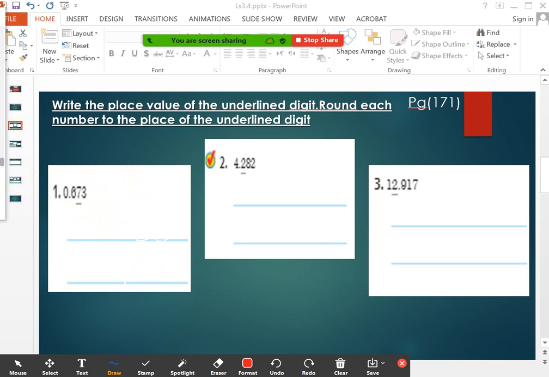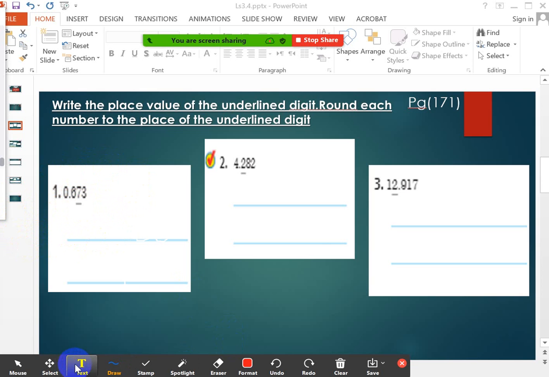So let's start. Okay, now I will choose, yes, Aryam. Aryam, open your mic and help me to solve the first exercise. Yes, teacher. Yes, Aryam, how are you? Aryam, I want to round 0.673 into the underlined digit, which is here what?